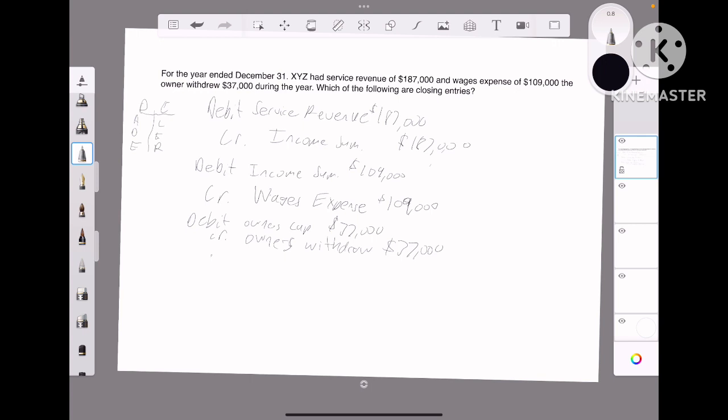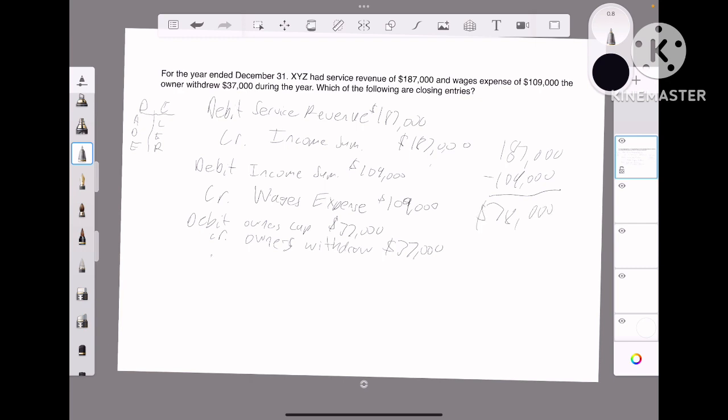So we can also make this other closing entry for the year. So it'll be on the owner's capital income summary. So 187 minus 109,000, so we'll have 78,000.